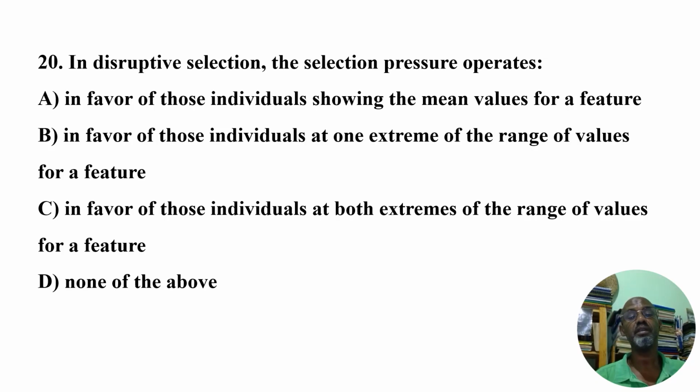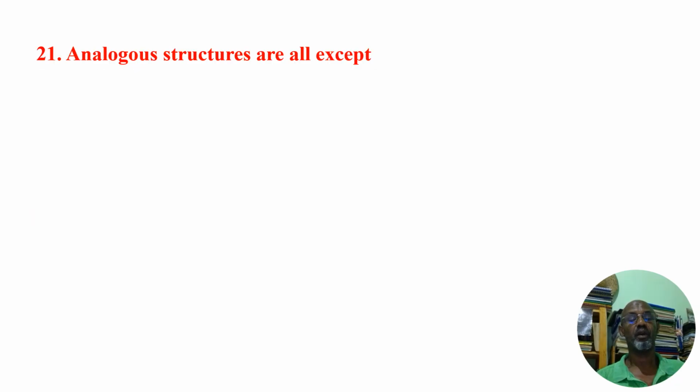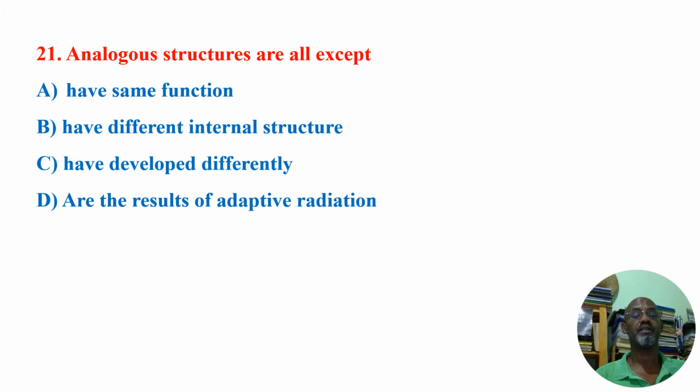Of course, disruptive or diversifying selection works in favor of those individuals at both extremes. Then the answer is C.